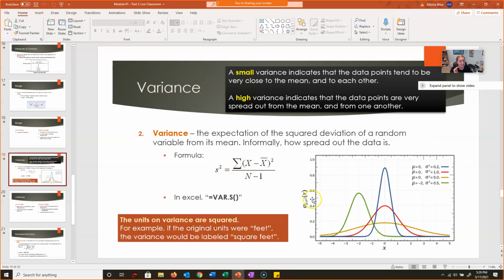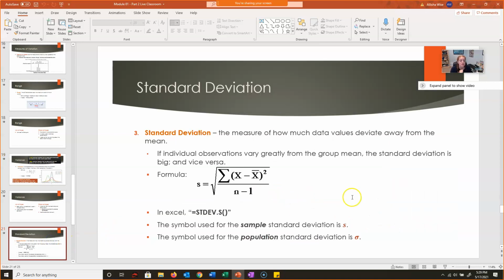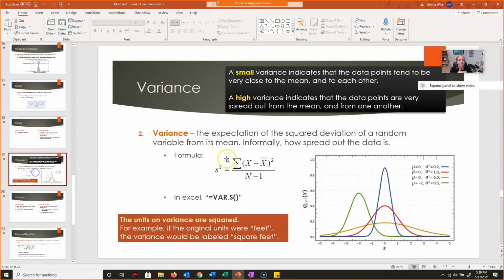If you took the variance and took the square root of it, you would get the standard deviation. So it's basically just telling you how spread out the data is. And the same applies, right? A small standard deviation indicates not much variance, whereas a large standard deviation indicates a lot of spread of the data.